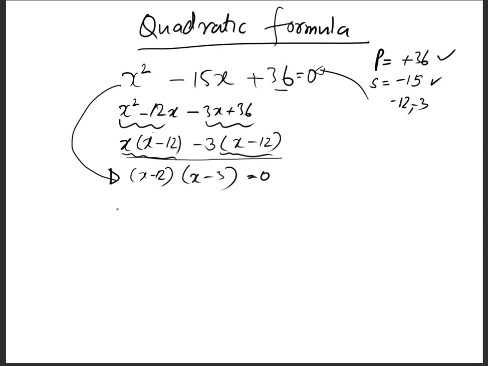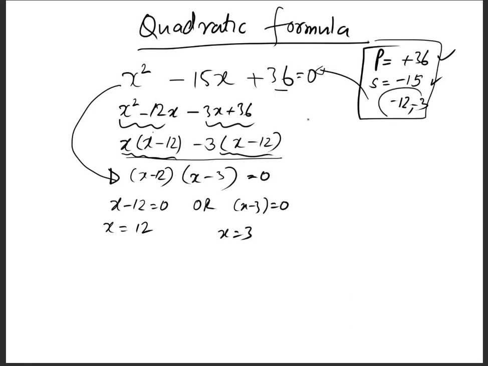And then your null factor law kicks in, which says x minus 12 equals to 0 or x minus 3 equals to 0. So x is 12 or x is 3. So this is a very lengthy way of solving a quadratic, provided you've hit the ground running with this pair.